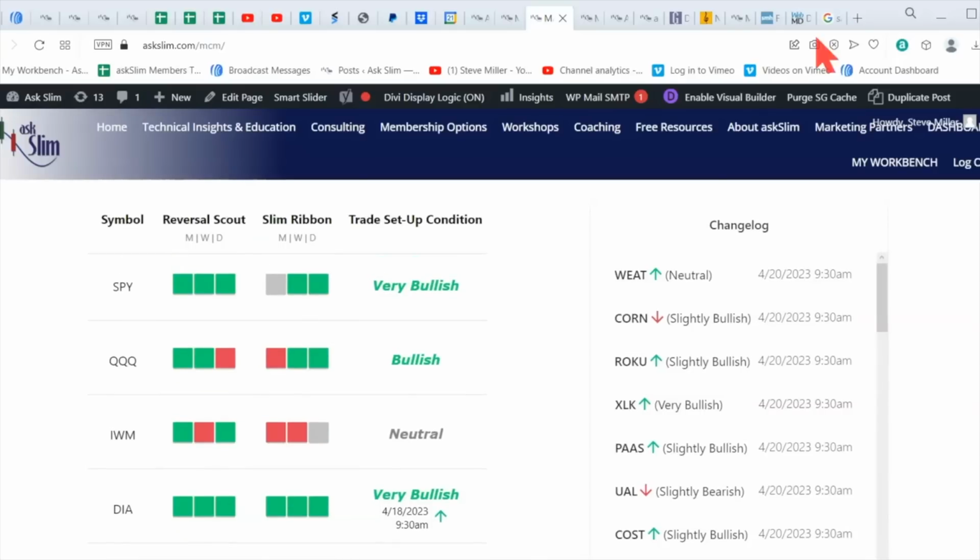a very good idea looking at the SPY, and you can see that it is in very bullish condition. The QQQ in bullish condition, so that has actually improved. The IWM is only neutral, and that is a reflection of a weaker Russell, and especially a reflection of banking issues, because the small cap banks are in there, and they are the ones that are weighing on that index and will probably continue to do so.